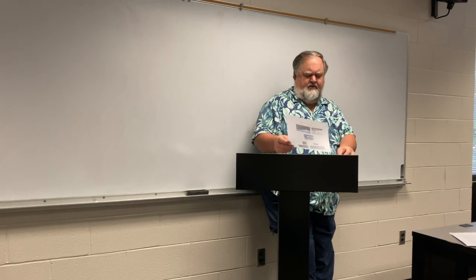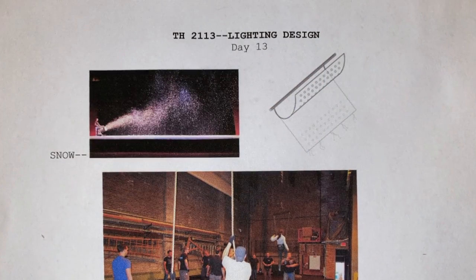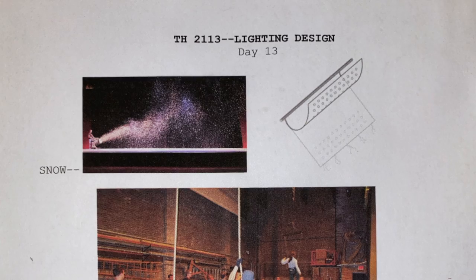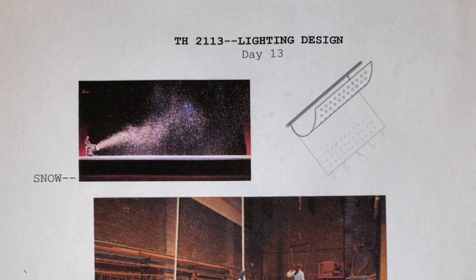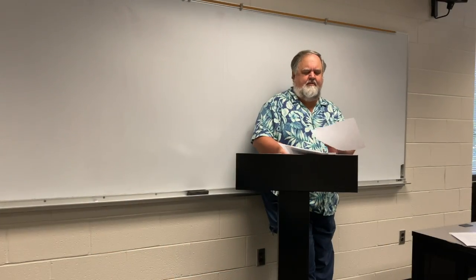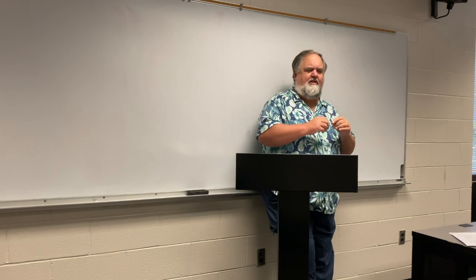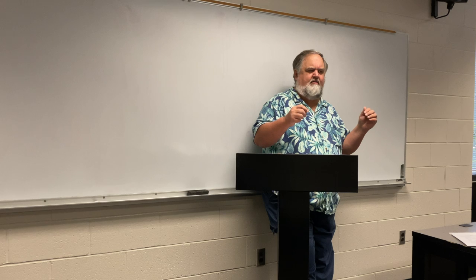There's a picture there of a snow cradle. The thing about a snow cradle is you hang it on two pipes, and it has little holes in it and is filled with little pieces of plastic that have been torn up.